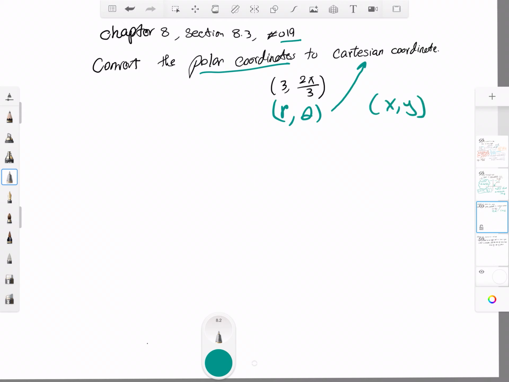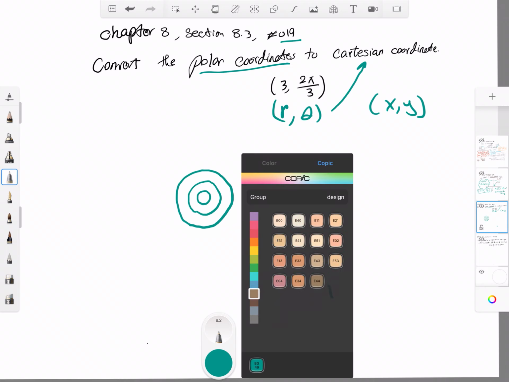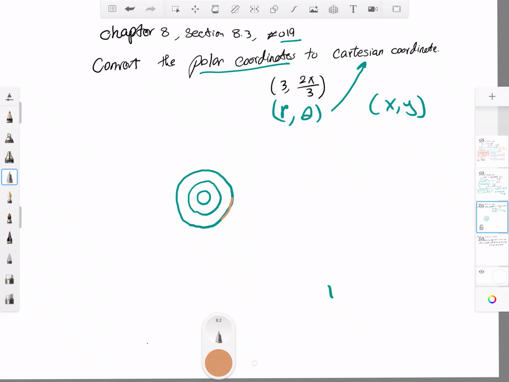Again, we need to plot this. So r is 3. That means we have circle 1, circle 2, and circle 3, and the point will be somewhere on this circle. If we make a ray, this is 0, because this direction is positive, the other direction is negative.